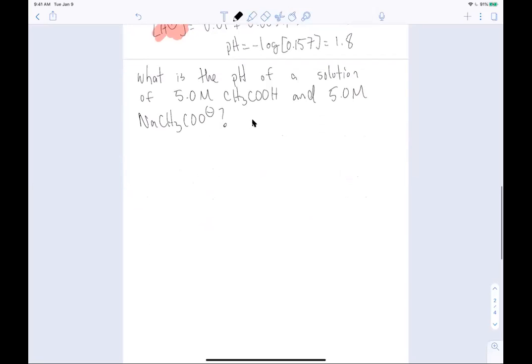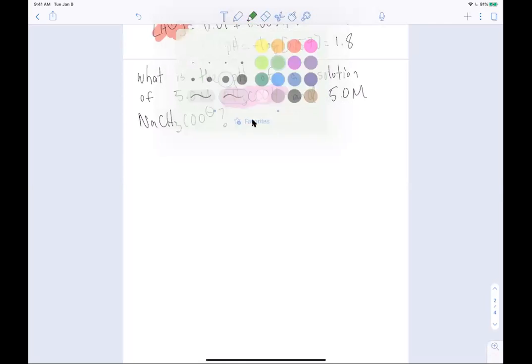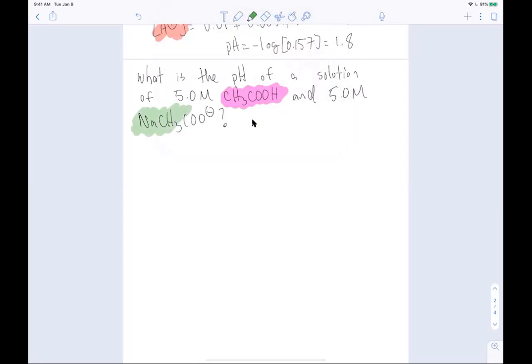What is the pH of a solution of 5 molar acetic acid and 5 molar sodium acetate? The thing to recognize here is that you have the acid, but we also have its conjugate base. Let me mark this off. So this is really the conjugate base here. This part that I'm outlining in yellow is just the counter-cation. So that could be a lot of different things.